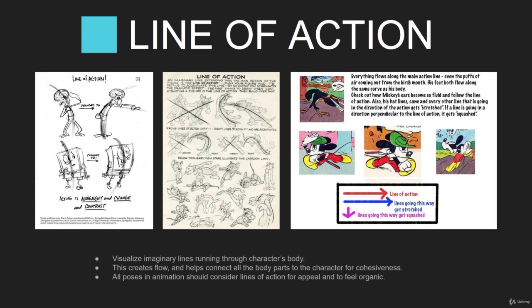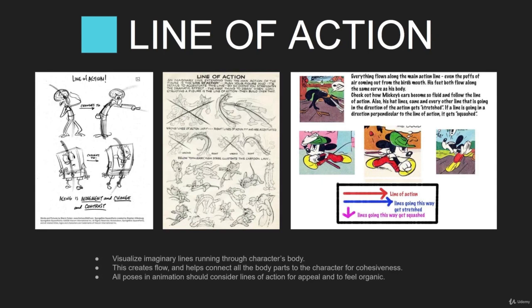And if you are pertaining this to even video game animation, making sure that your anticipation poses and your poses as they're striking other characters have a strong line of action is really important, and it actually creates more power in the actual movements by creating really strong keyframe poses.